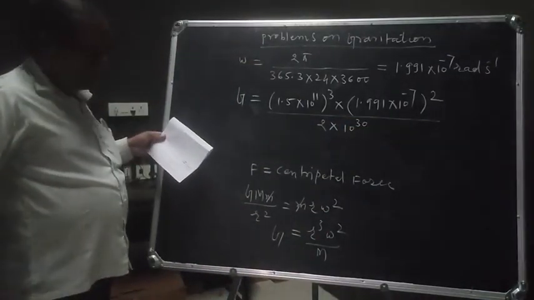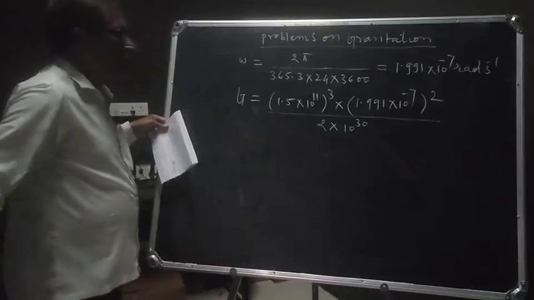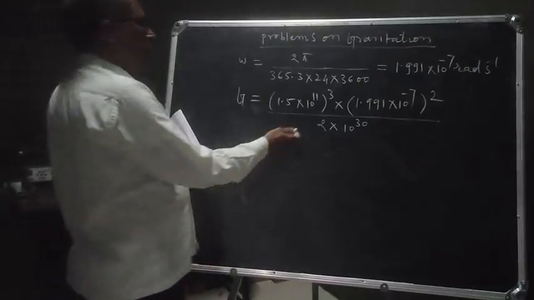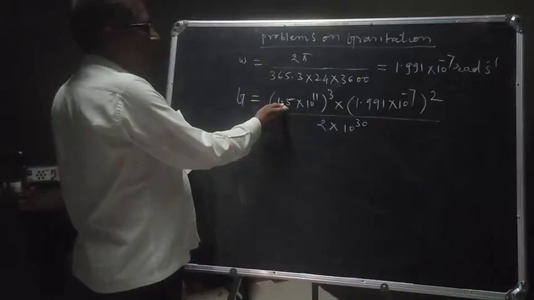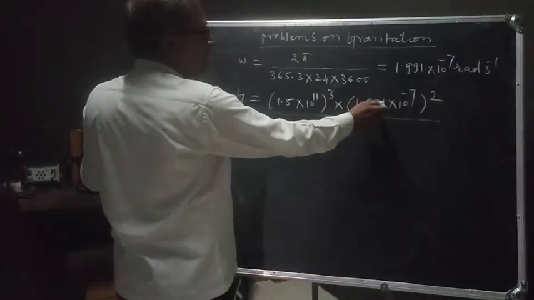Now if we solve this, we take the cube of 1.5 and the square of 1.991.